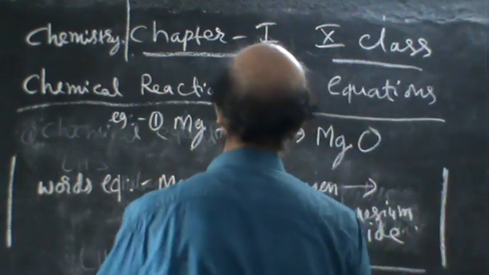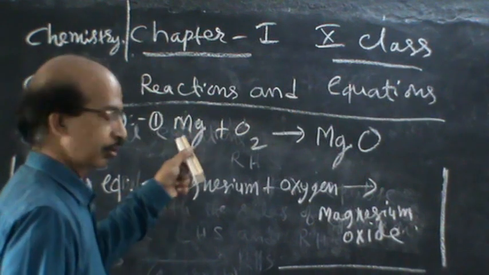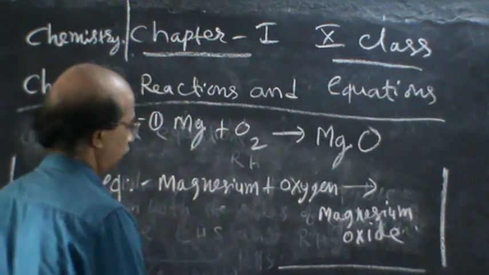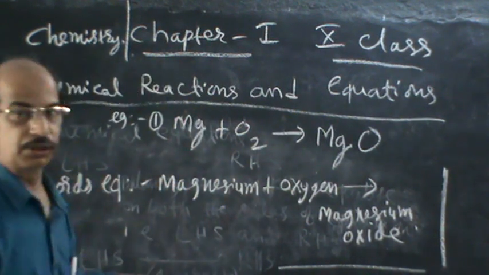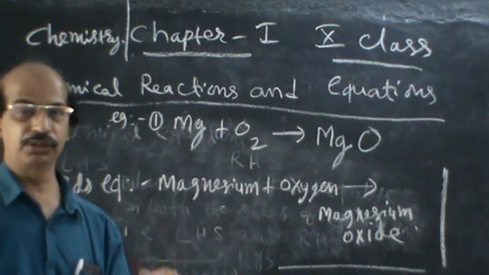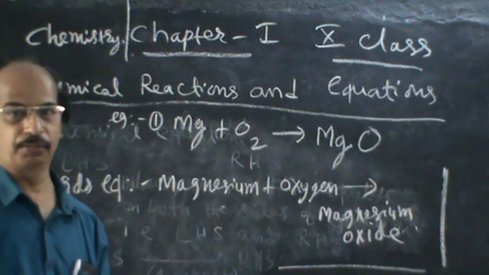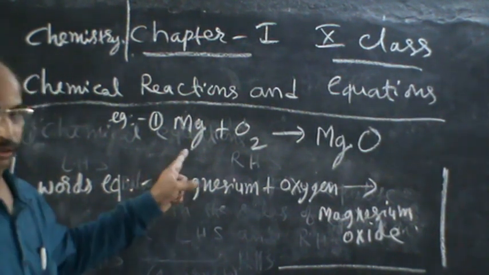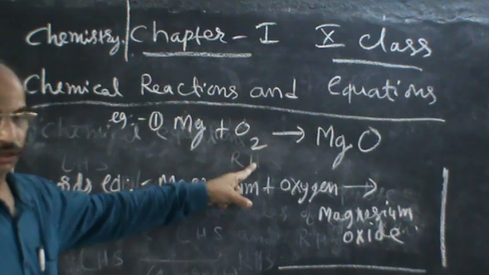Say, for example, always the equation should be balanced. Then only it is correct. Without balancing, it is not considered. Balancing is compulsory. So let us do the balancing now.